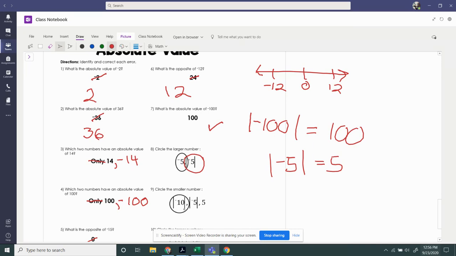We have the absolute value of negative 10 is a positive 10. The absolute value of negative 5 is 5. And the absolute value of 5 is just, we aren't asked about that. So for the smaller number, we would actually have a tie between these two because they both equal the same thing.